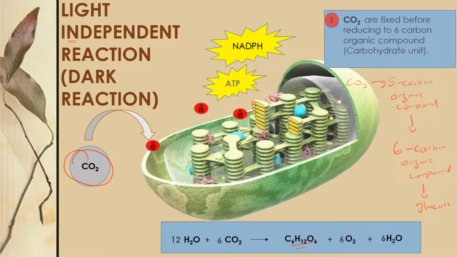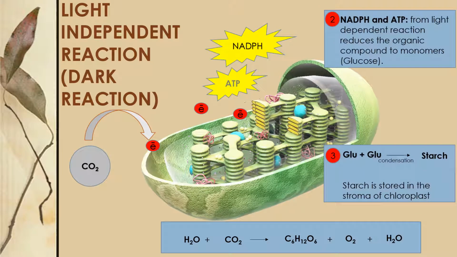Okay, next. Okay, awak ingat kan tadi waktu LDR akan dia produce ataupun generate ATP and also NADPH from the light reaction. Okay, so dia guna balik dalam light independent reaction. Okay, and NADPH and ATP from light dependent reaction reduce the organic compound to monomer which is glucose.